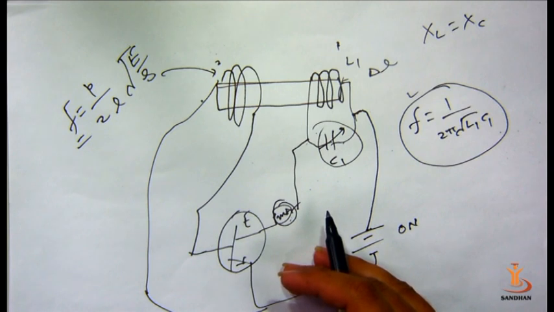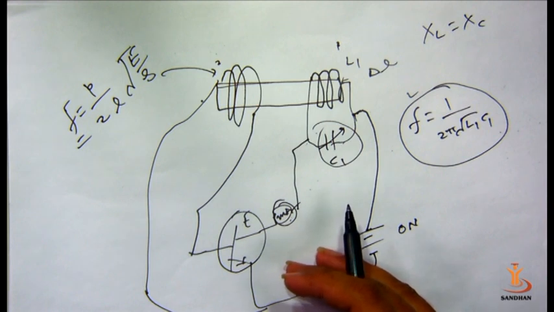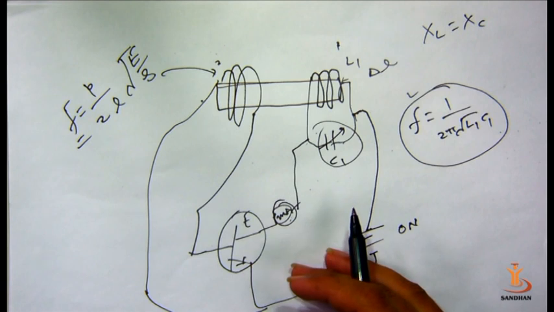Feedback mechanism means the output of any oscillator should be given to the input. Feed means to give some amount. Back means from the output. So the output portion is connected to the input, and we are giving some output energy from output to input. This is known as feedback.